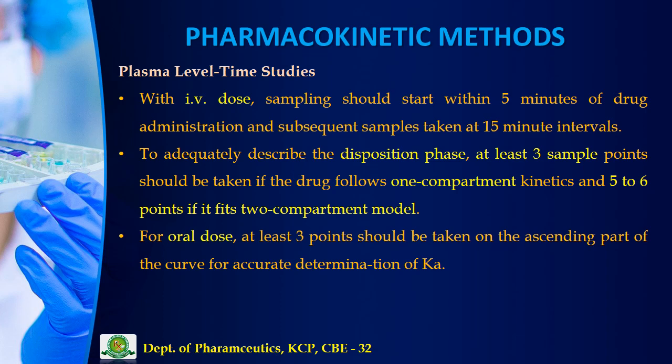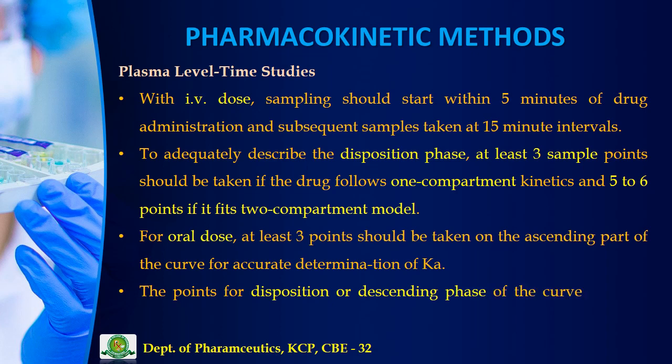So to determine the rate process of absorption, we have to take 2 to 3 points in the ascending phase of the curve. And similarly, the points for the disposition or descending phase have to be taken similar to that of the IV, what we have discussed earlier.